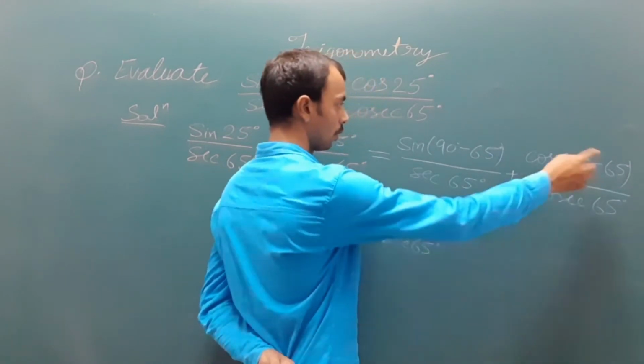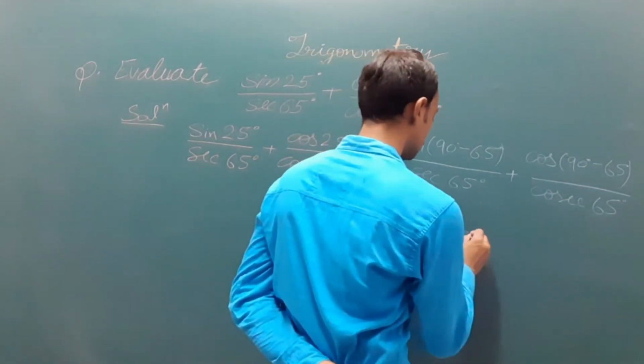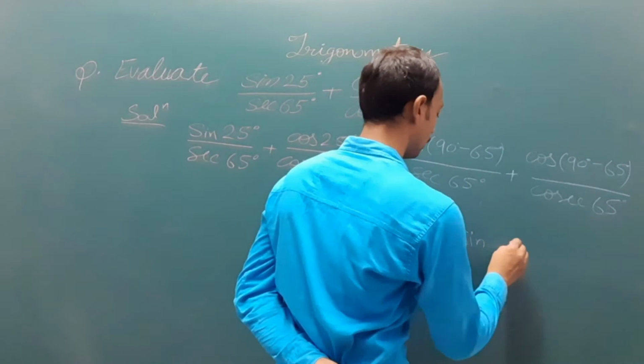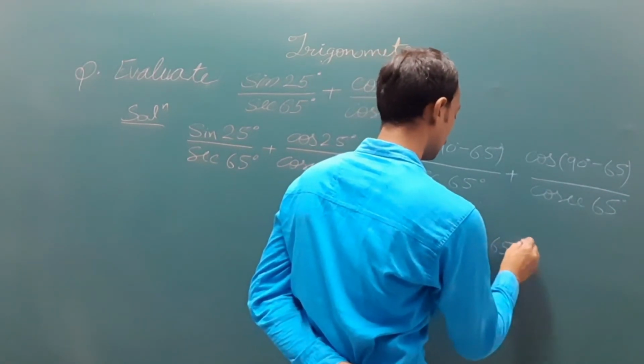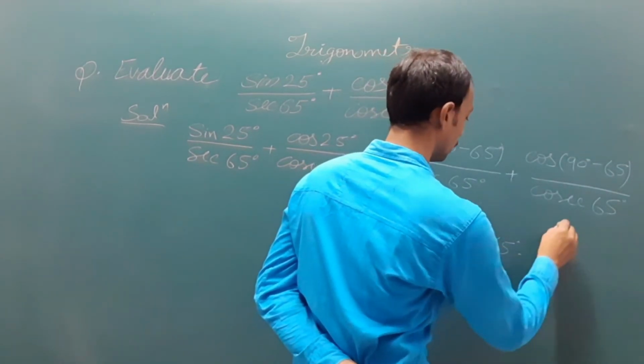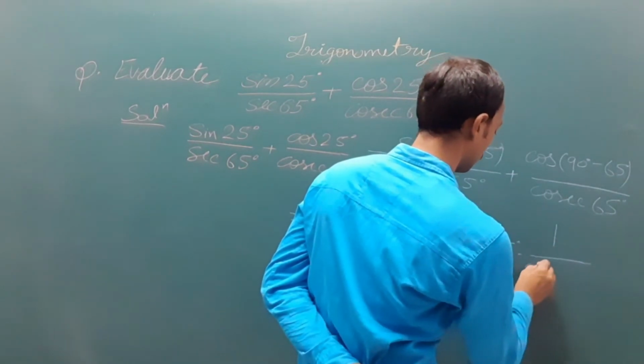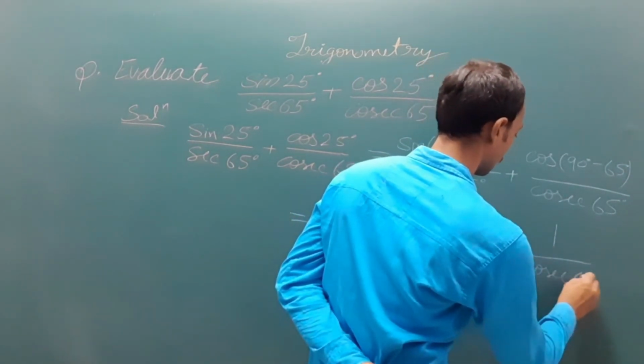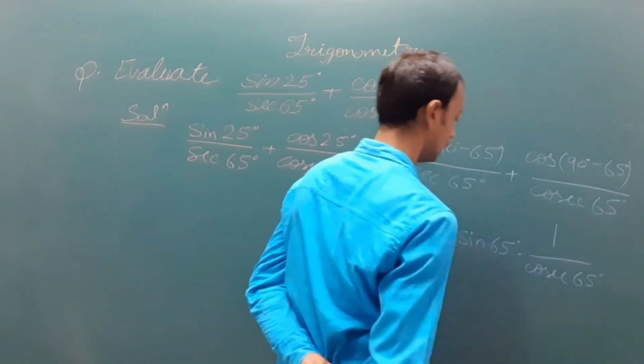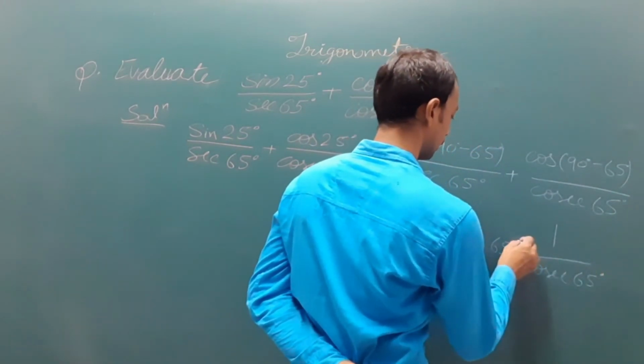Plus, cos of 90 minus theta is sine of 65 degree into 1 upon cosec of 65 degree.